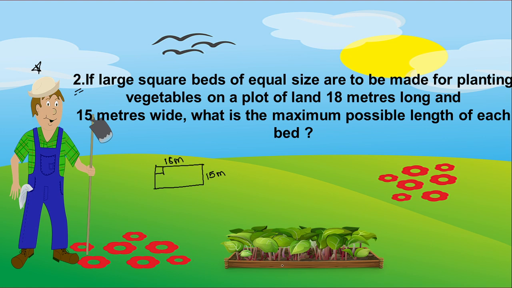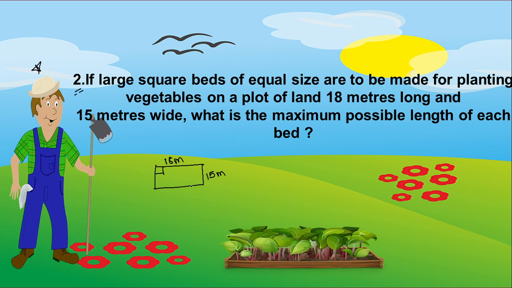He wants to make partitions in his plot so that he can plant the trees. He wants to know what should be the maximum size of this plant bed. The partition is called a bed. So he is asking what should be the maximum length of each bed so that he can use the entire plot.